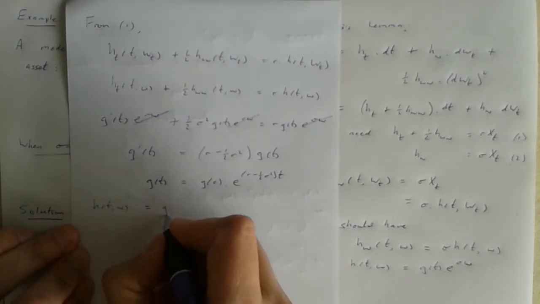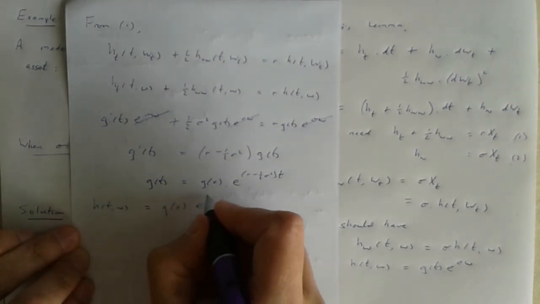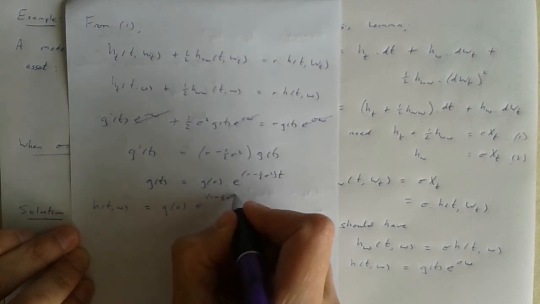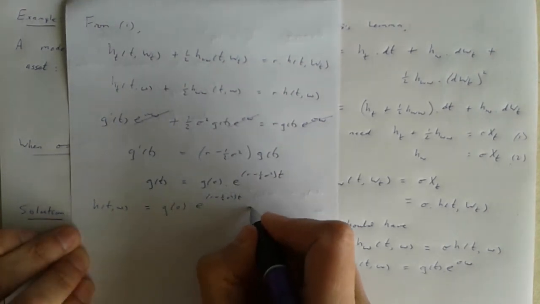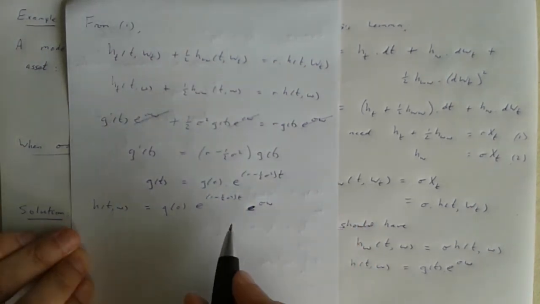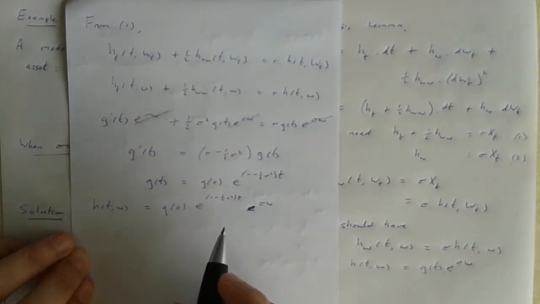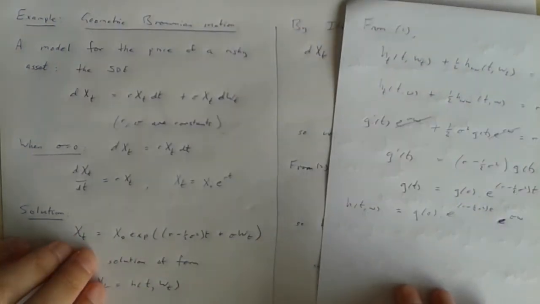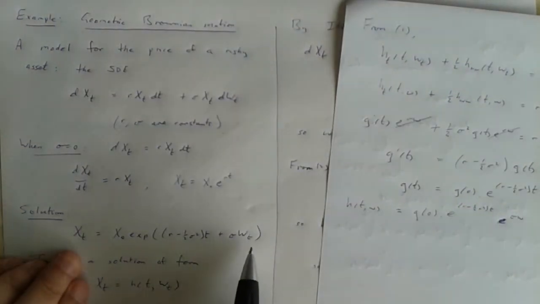Must be that times e to the sigma w, which is what we claimed it was in the beginning.